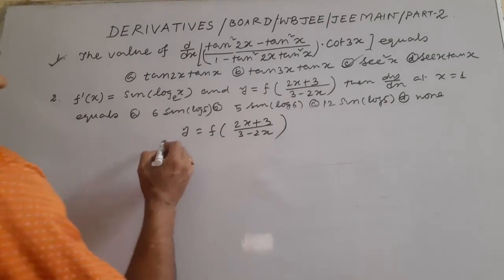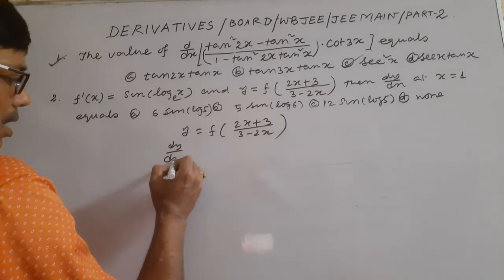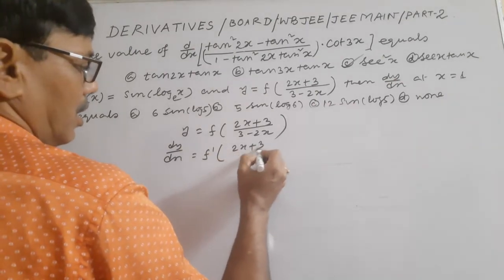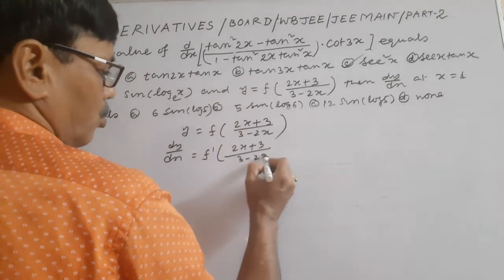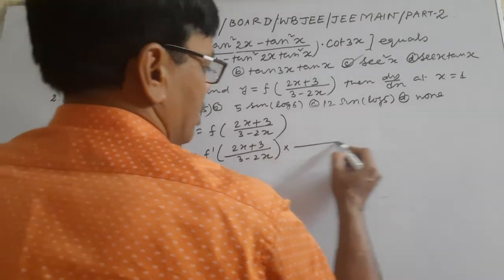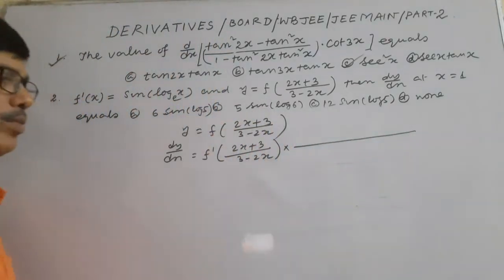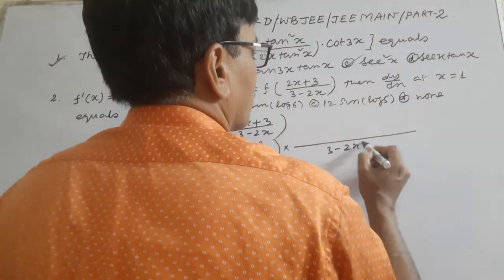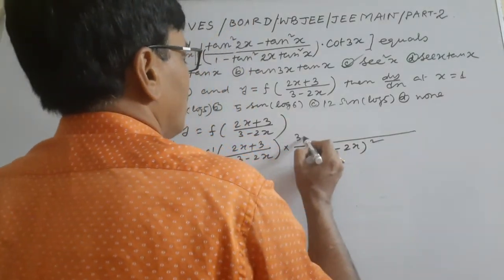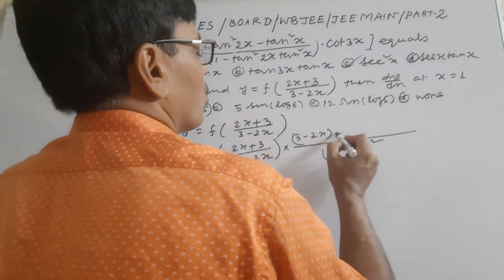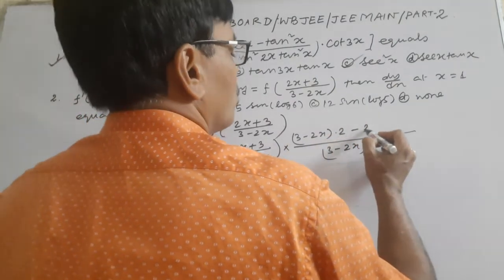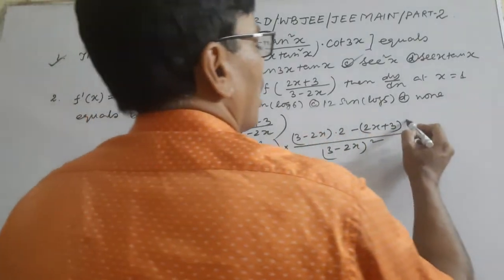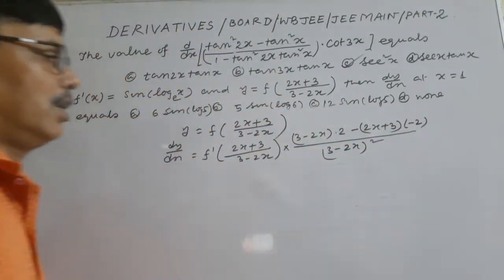Now, what is dy/dx? It is f dash of (2x plus 3) by (3 minus 2x) into d/dx of this argument. Omitting one step, (3 minus 2x) whole square, (3 minus 2x) into 2, minus (2x plus 3) unchanged into minus 2.